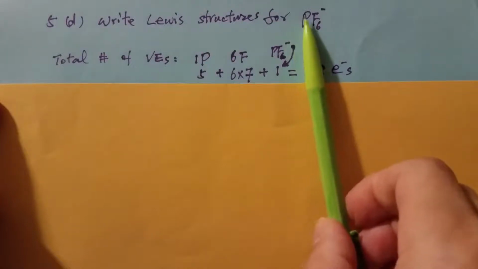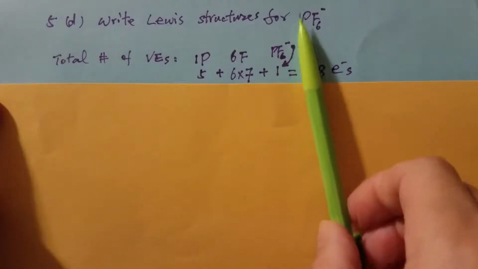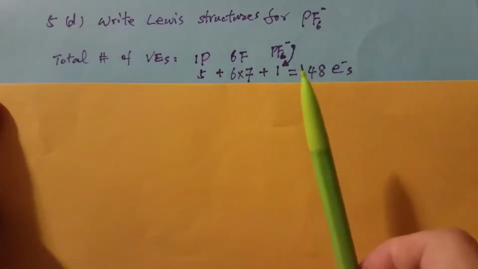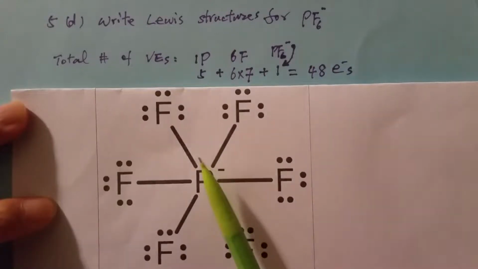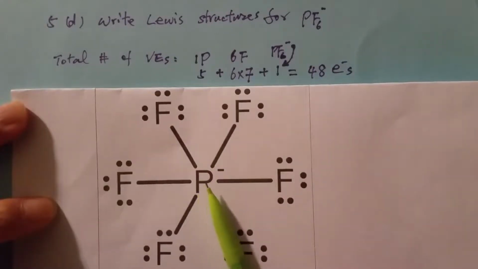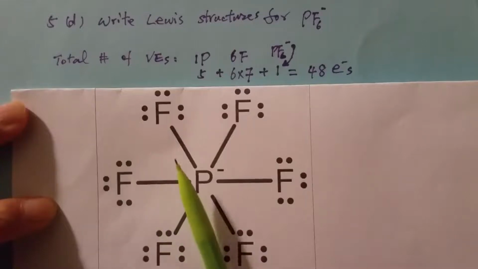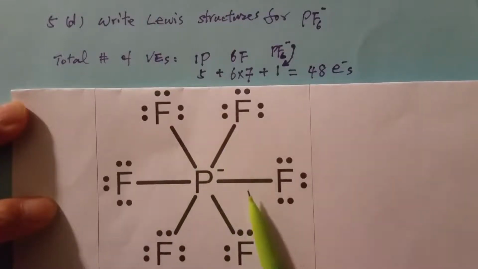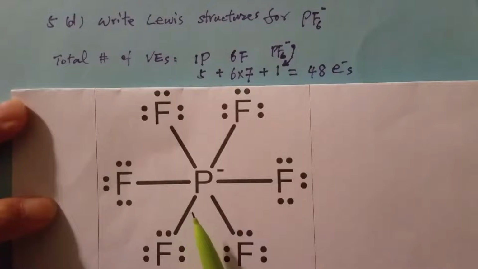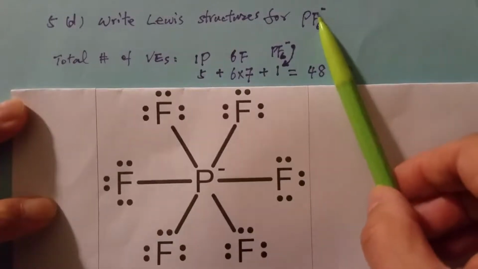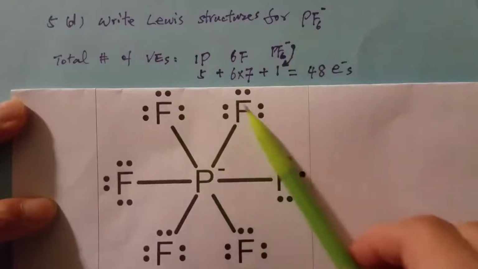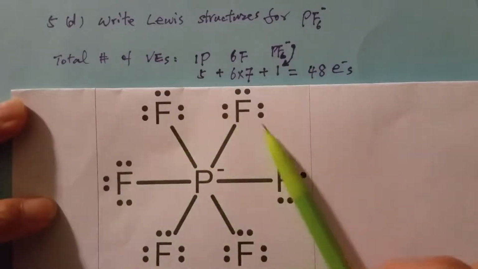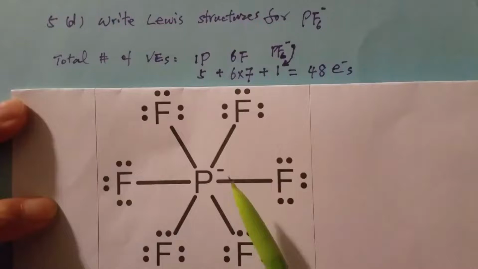So therefore there should be 6 bonds surrounding phosphorus. Based on that analysis, phosphorus should be the central atom. We'll draw 6 bonds: 1, 2, 3, 4, 5, 6. And of course, the 6 fluorines are the surrounding or peripheral atoms.